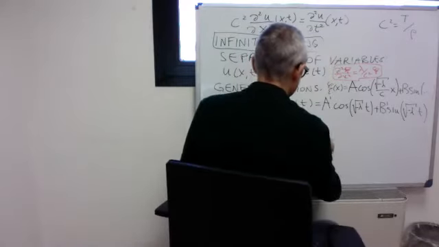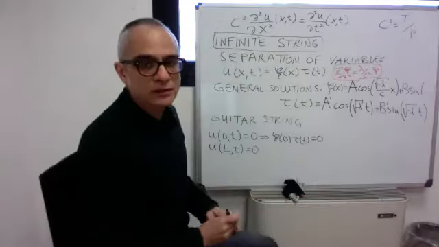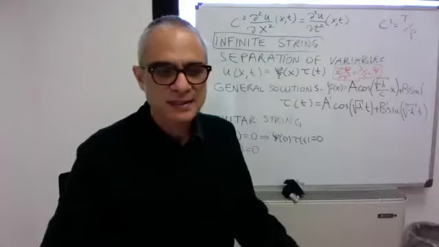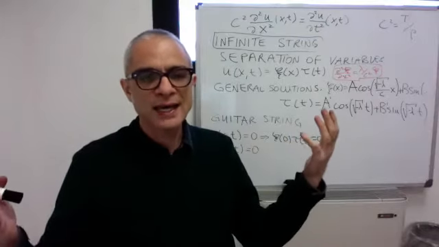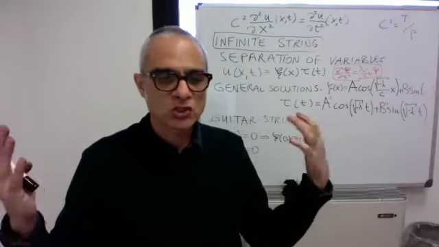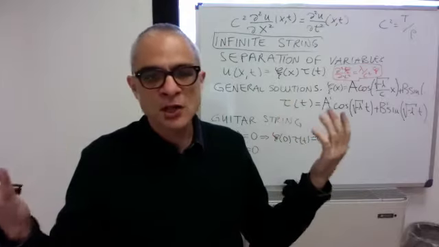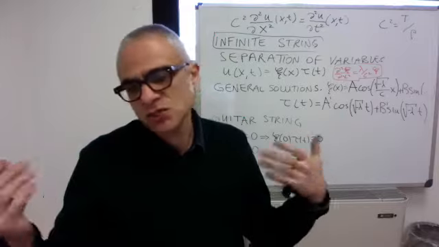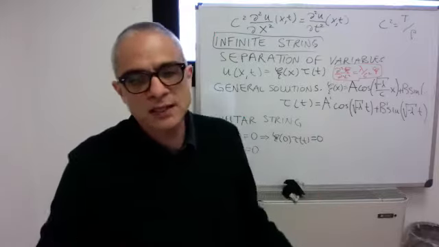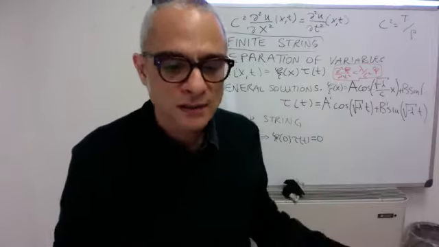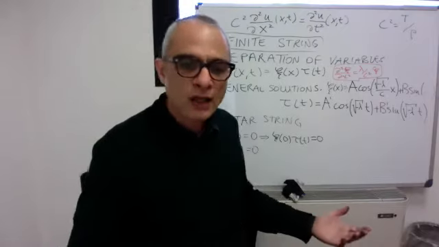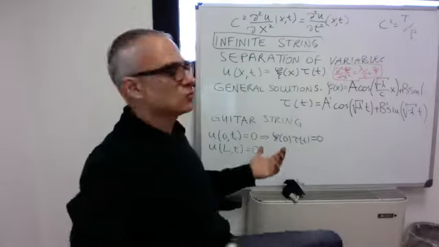If we want this to work, we have two possibilities. Either tau is 0 at all times, which means that the string is not moving, which is an absolutely valid solution, but not very interesting. Sure, the string can stay still, of course. But what if it's not staying still? What could it do then?